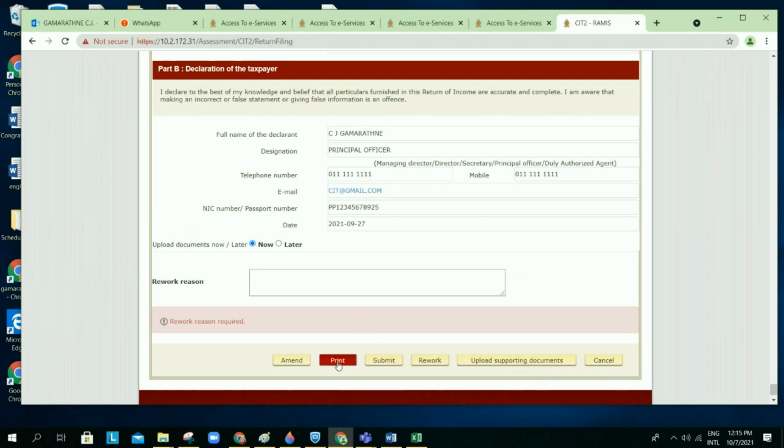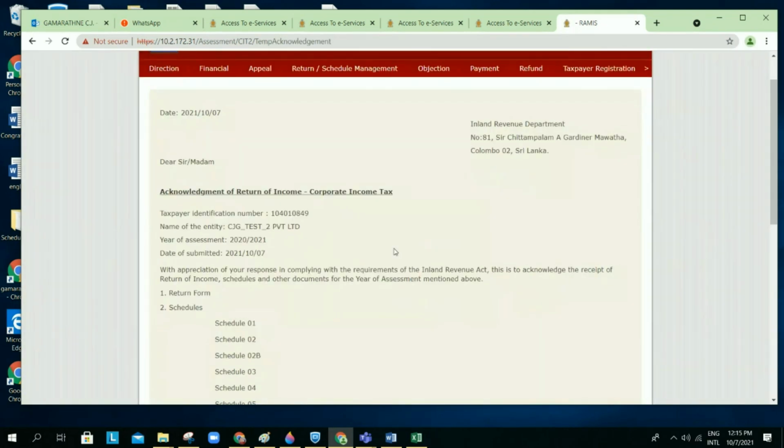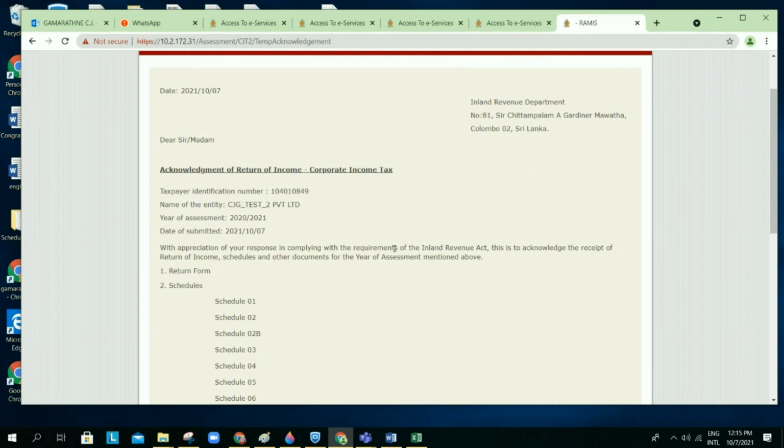Likewise, we can do that, but here we are supposed to do the submission, right? By using the approver, we are supposed to do the submission. Then we click on this submission button, get some clarity, and thereafter quickly prepare the acknowledgement page, right?